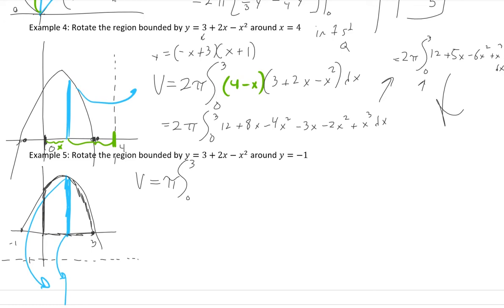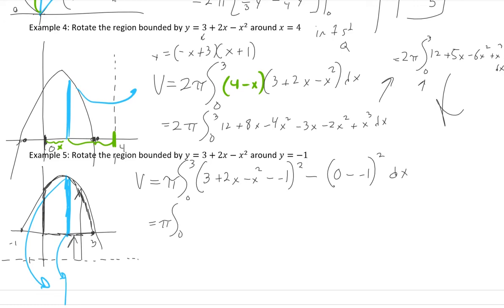We have the far axis as 3 plus 2x minus x squared minus a -1 squared, plus, or actually minus, the inside, which is, in this case, 0 minus a -1 squared. Okay, and also dx.